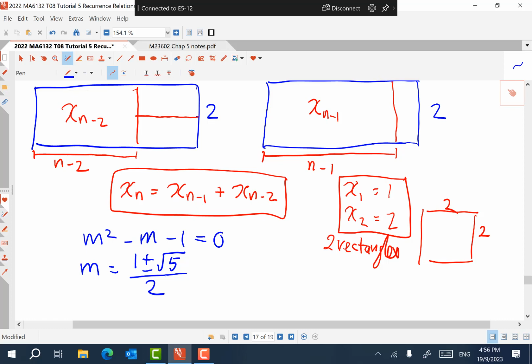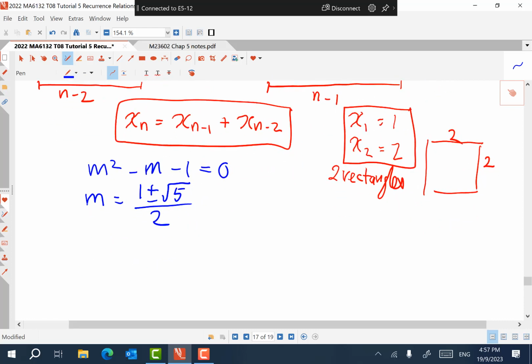Okay, what do I do next after getting the value of m? You now exercise the belief, right? The belief. You therefore believe that your xn must look like this.